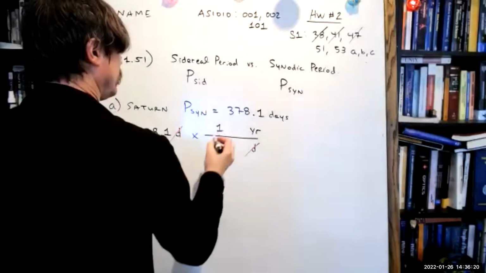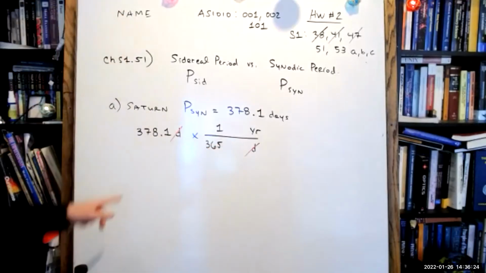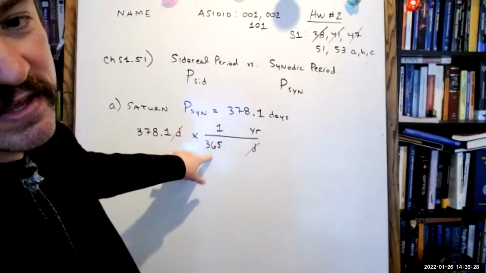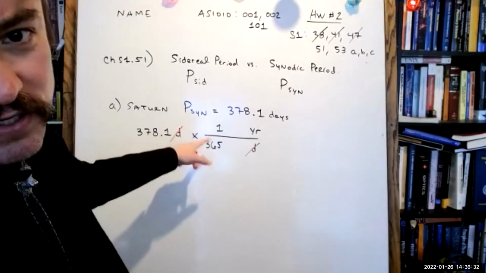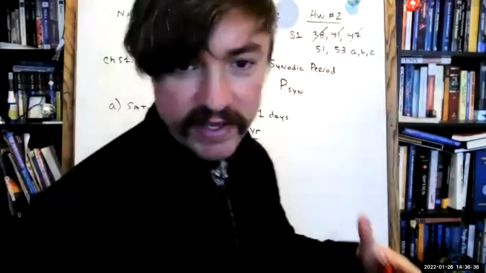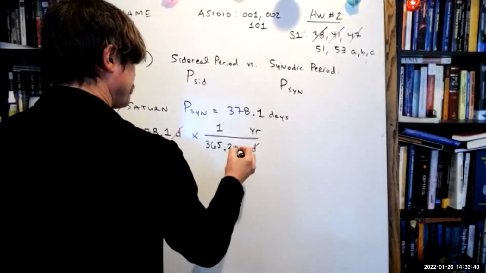Here, I've got a small issue with precision. This number has 4 sig figs. If I use 3 sig figs, I will pollute my measurement with a conversion factor, which you never want to do. Now, I know that it's roughly 365.25 days per sidereal year.